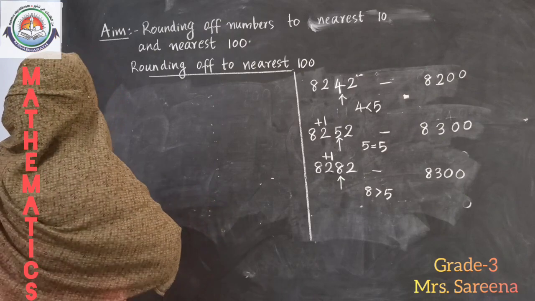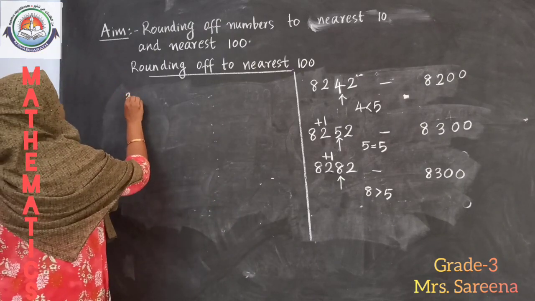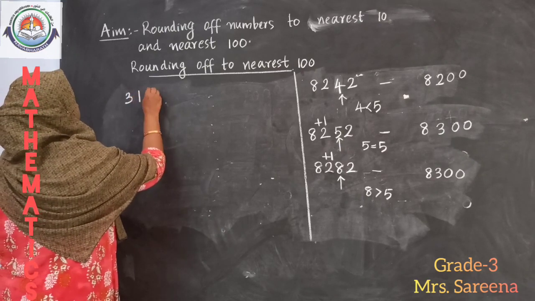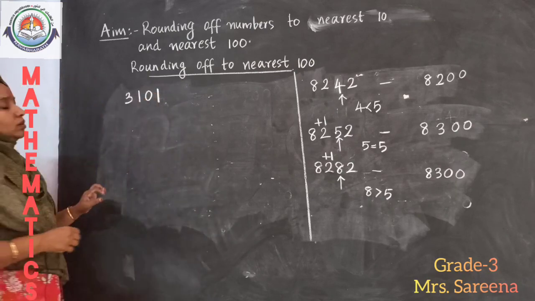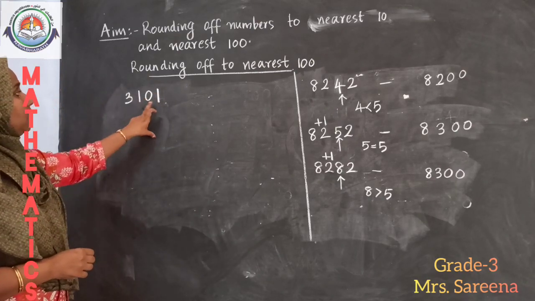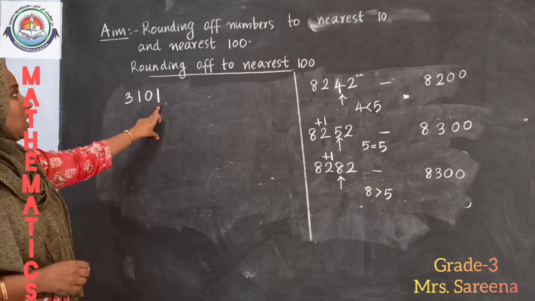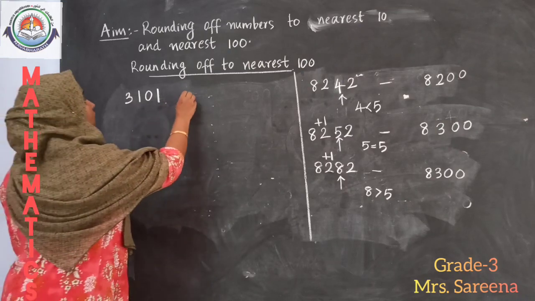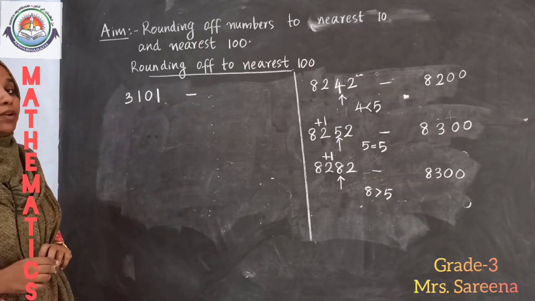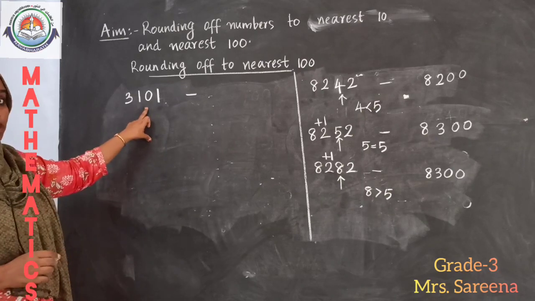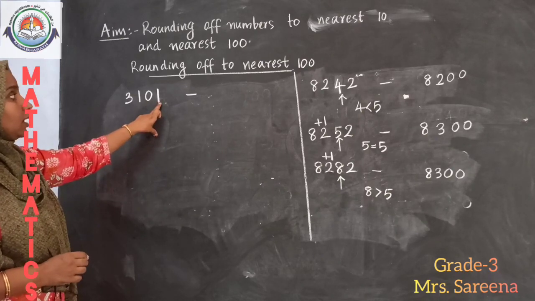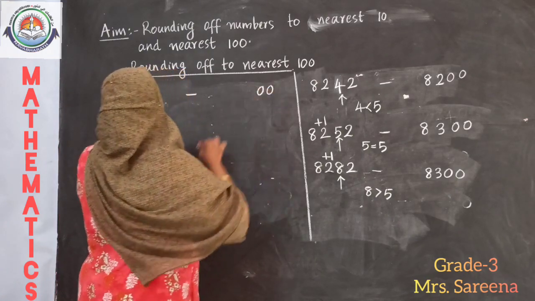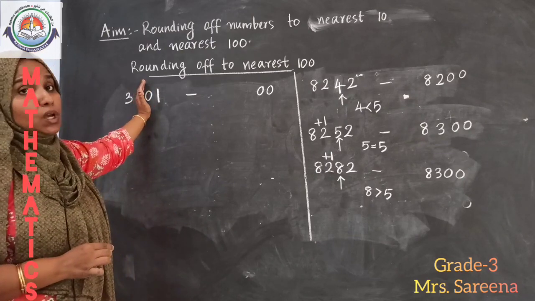We can consider one more example. If the number is 3,101, we have to round off this number to the nearest 100. So children, what do we have to do? We should write the digits at the ones place and tens place, because these two digits end in zeros.